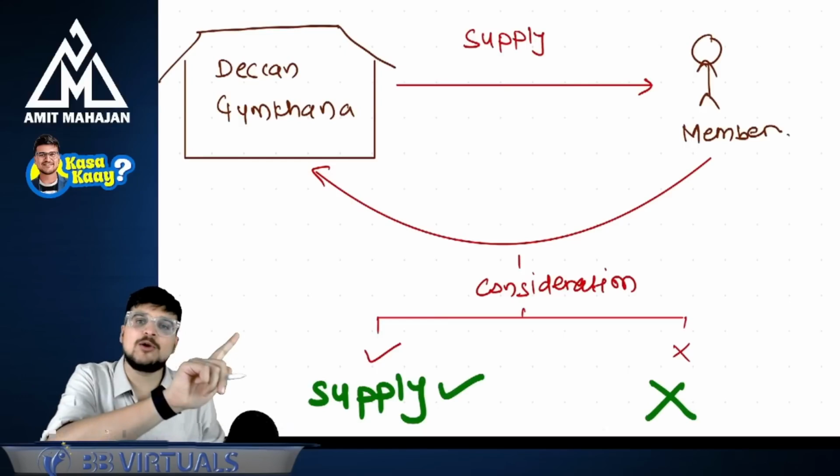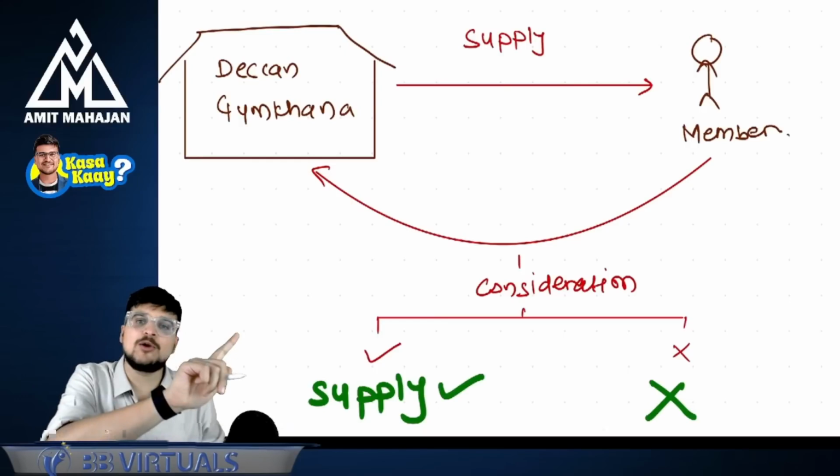Practically speaking, no claim bonus can be of two ways. It can increase the insurance cover, from 5 lakhs to 10 lakhs, or it can reduce the annual premium. Since you are paying 10,000, you pay only 9,000 now. In GST, we are considering this reduction of annual premium. So here we are considering the second point.